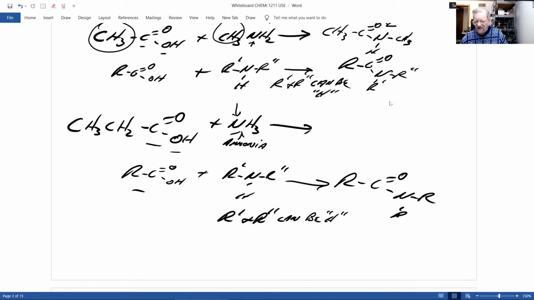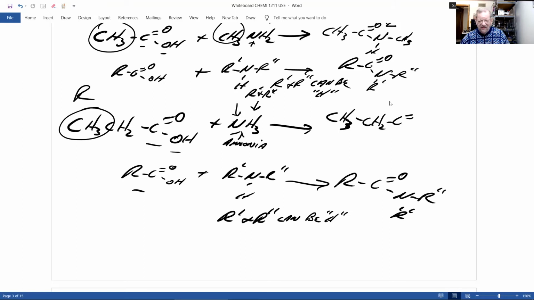Remember, the nitrogen in an amide has 3 bonds to it, not 4. So here I can say that's R, and 2 of these hydrogens are R prime and R double prime. And therefore, I have my 2 carbons, because you don't break carbon-carbon single bonds to the carbonyl, nitrogen, and R prime and R double prime are hydrogen.